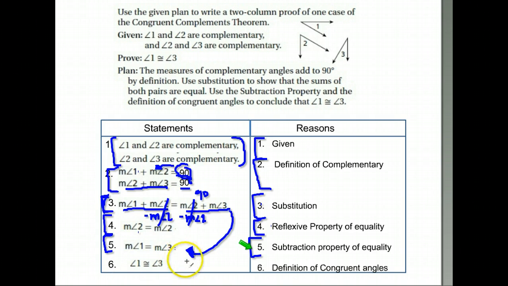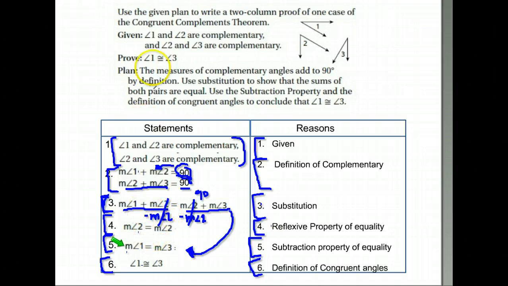Okay. And finally, we're saying, and since 1 and 3 are equal, that means they are congruent angles. And our reasoning for that is that that's the definition of congruent. If two things are equal in measure, they're congruent angles. And if two things are congruent, that means their measure is equal. Why did we have to take this step? Why couldn't we just stop at 1 equals 3?